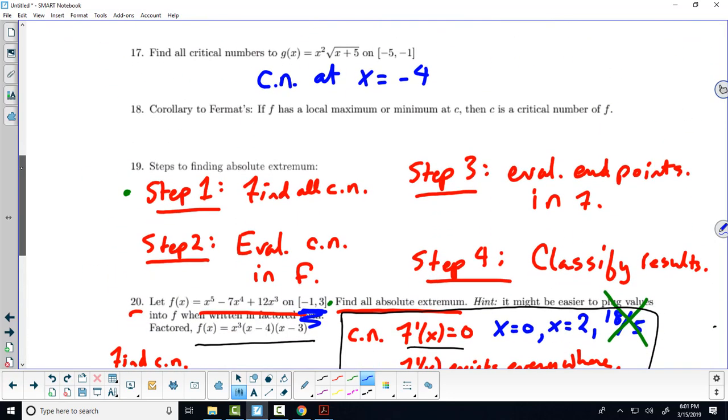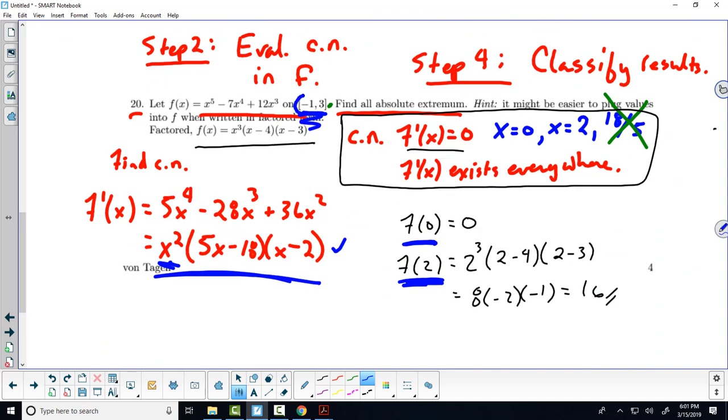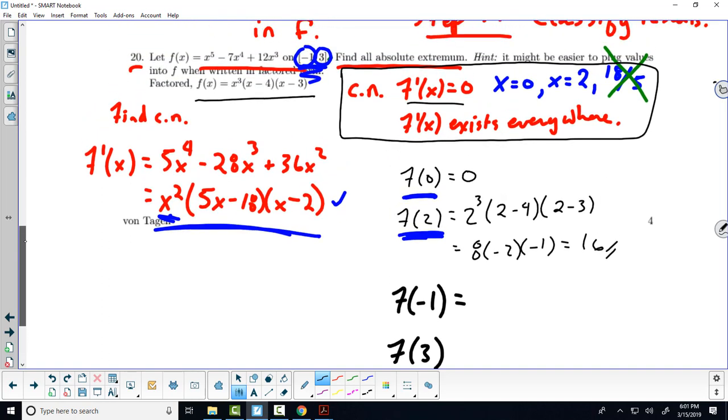Step 3 then is to go ahead and evaluate the endpoints. So now I'm going to look specifically at -1 and 3, and I'm going to plug those into the function as well. So let's look at f of -1 and f of 3. As you remember, I said it's easier to plug these into the function in factored form.